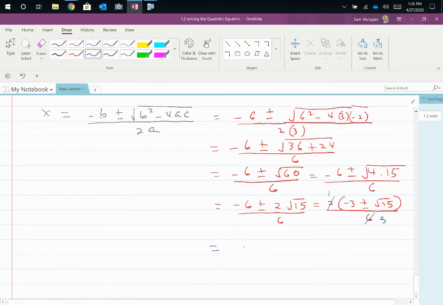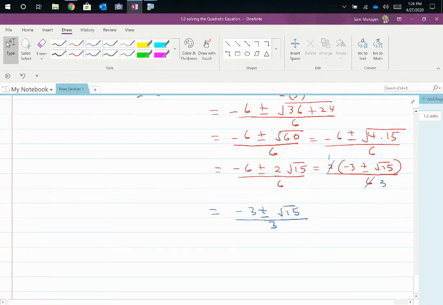So this becomes negative 3 plus or minus the square root of 15 over 3. So my two solutions, negative 3 plus the square root of 15 over 3, and negative 3 minus the square root of 15 over 3.